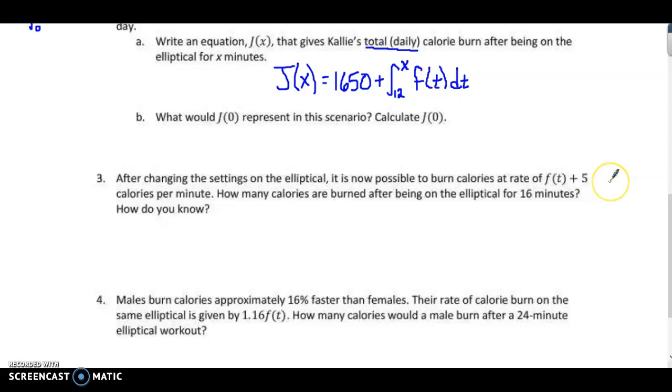Now, what would j of t represent in this scenario? Well, that would be her daily calorie burn before beginning the workout. So that would be the daily calorie burn before the workout, okay? Now you say, well, how would we figure that out?